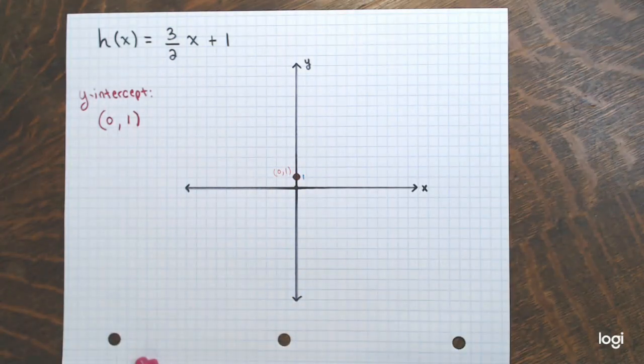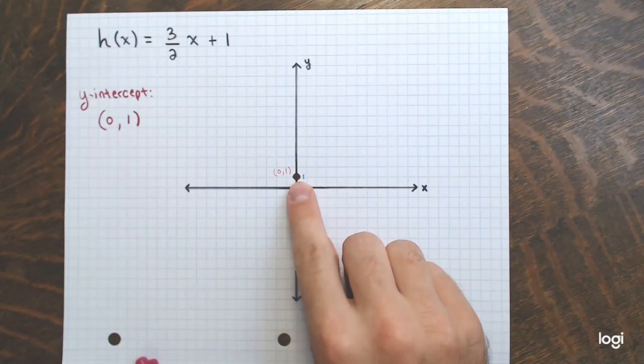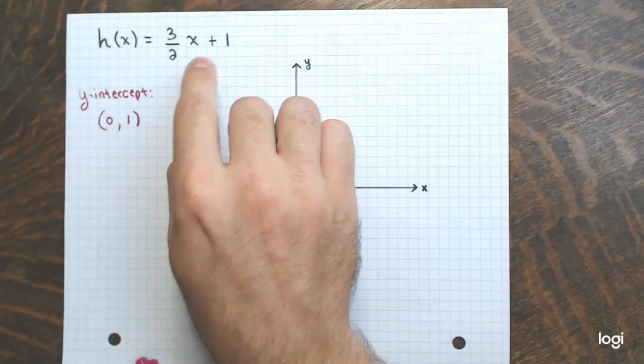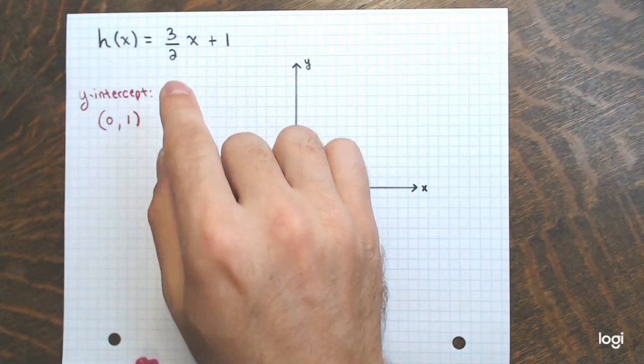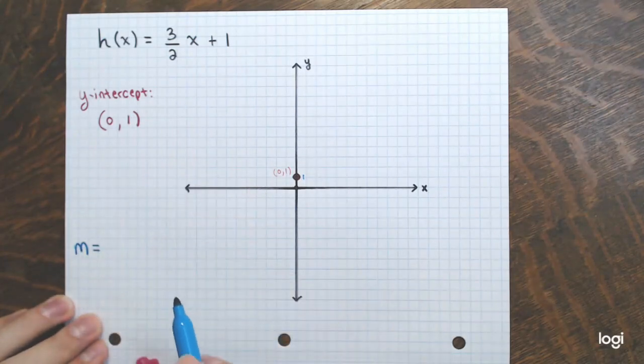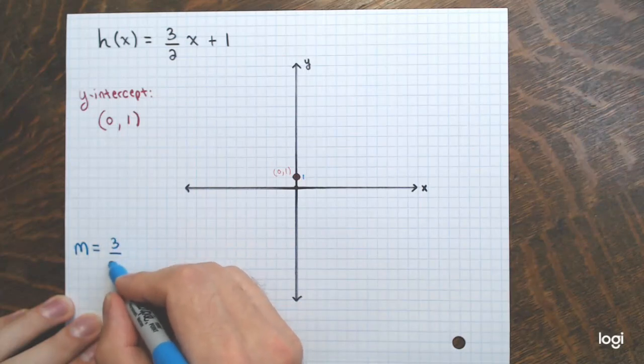And then from this point, not from the origin, but from a point that's actually on the line, I'm going to use the slope. Being in this mx plus b form, we can tell what the slope is, what that m is. The m here, the slope of this line, is +3/2, the coefficient of x.